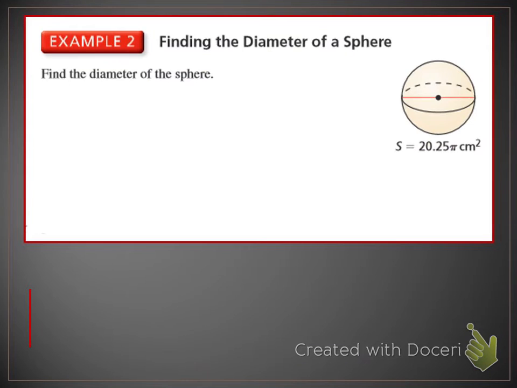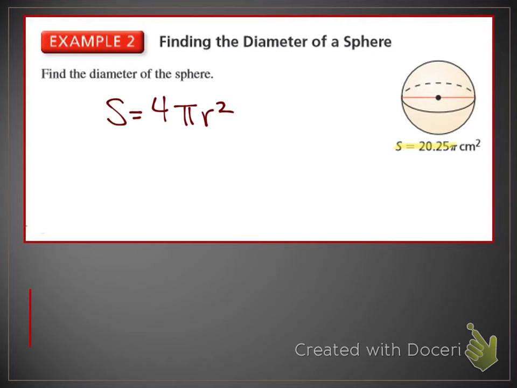All right, find the diameter of the sphere. This is the last surface area formula I think we do, or problem we do. Find the diameter of the sphere. So, we know the surface area formula gives us the radius. So what we can do is use this. What does this S stand for? Surface area. So they gave us the surface area.